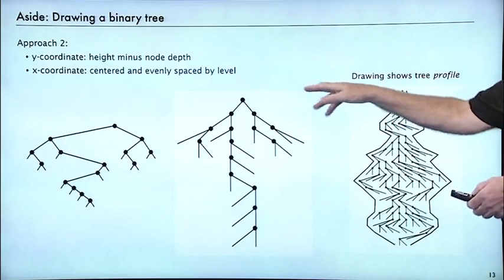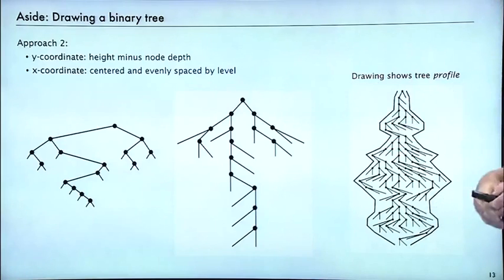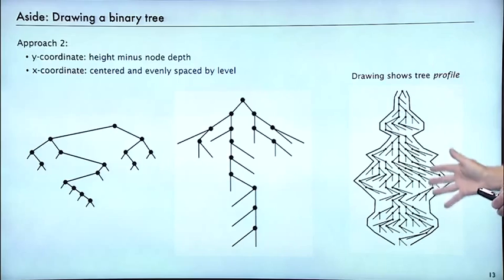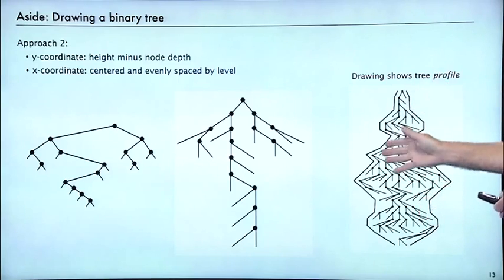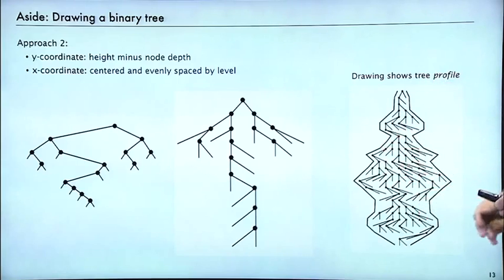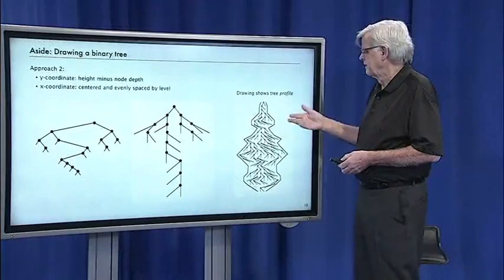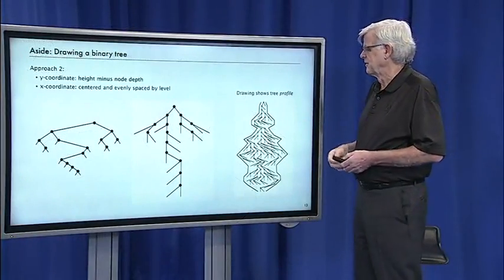If there's 4 nodes at that level, we evenly space them and center them on the root node. And that's a useful way to draw trees because it gives a profile of how thick the trees are, how many nodes there are at each level. And that's an interesting thing to know about in some kinds of analyses.